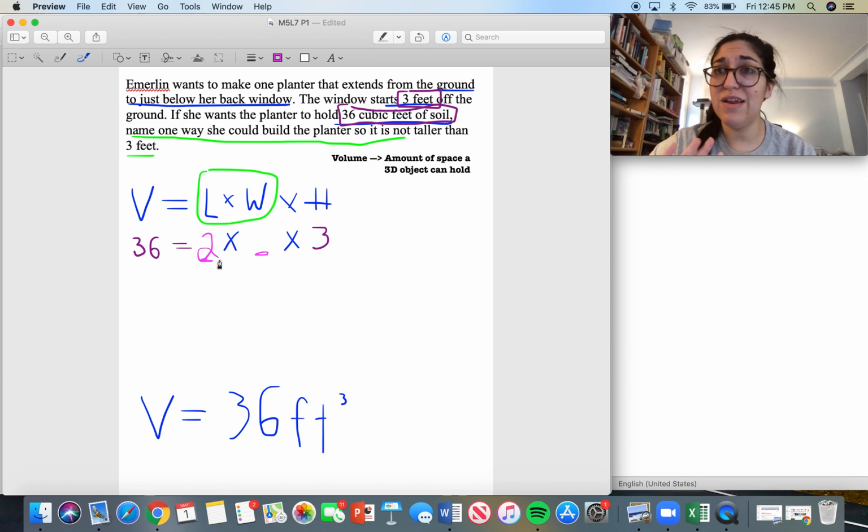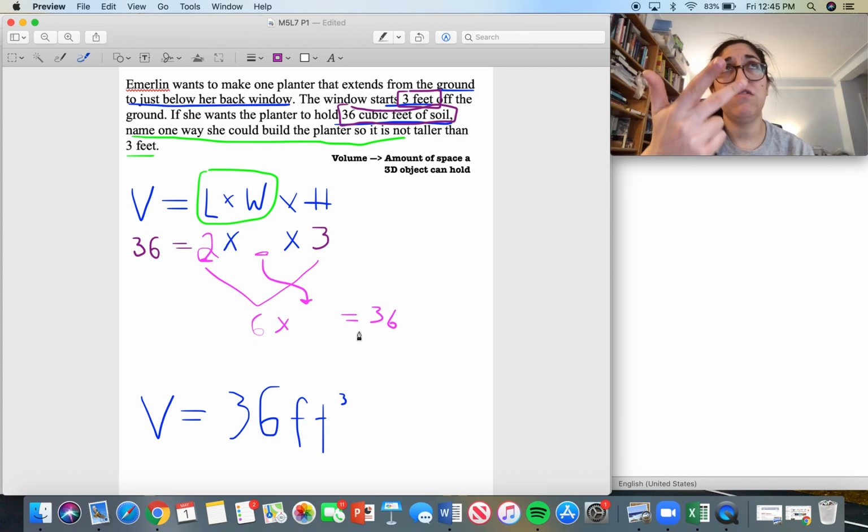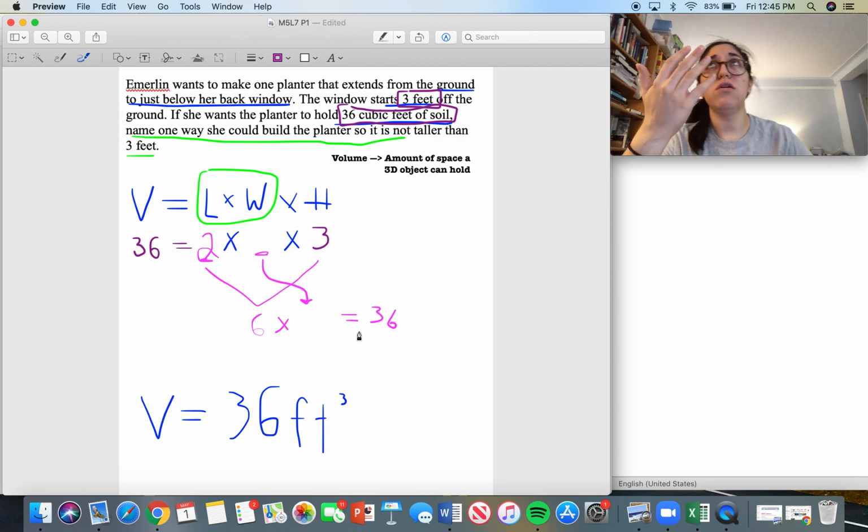And I can just decide it. You could just decide any number. Now I have 2 times 3. Oh, look, it's a smiley face. But if I have 2 times 3, that's 6. Now, can I multiply something by 6 to equal 36? That's the question we're asking here. 6, 12, 18, 24, 30, 36.